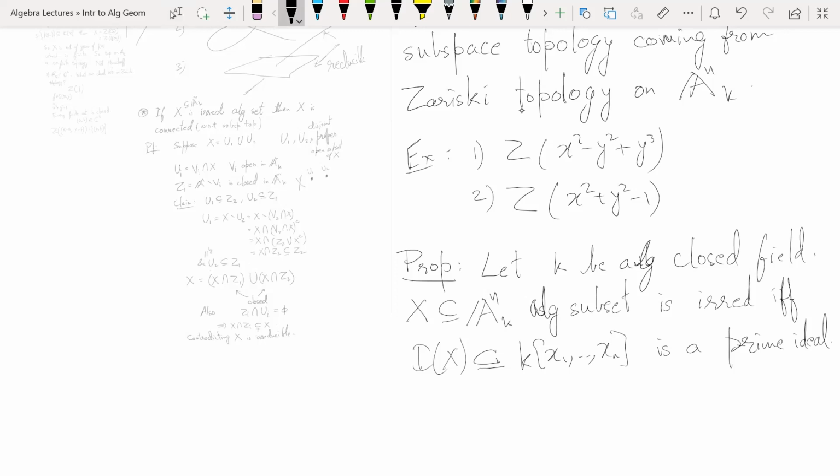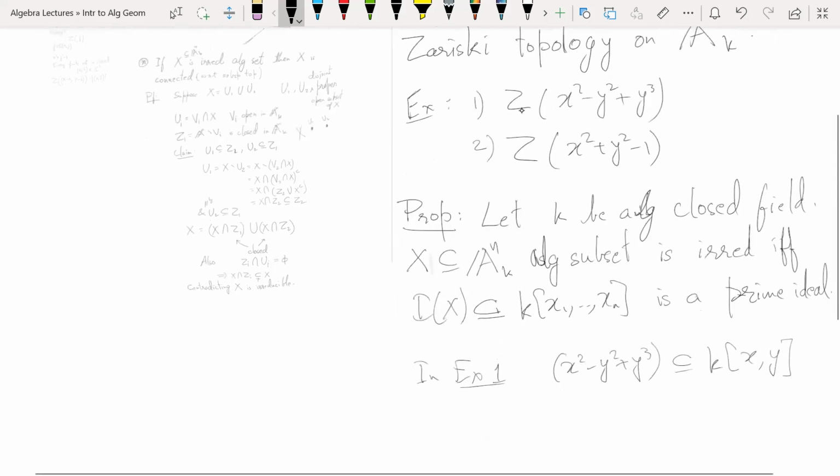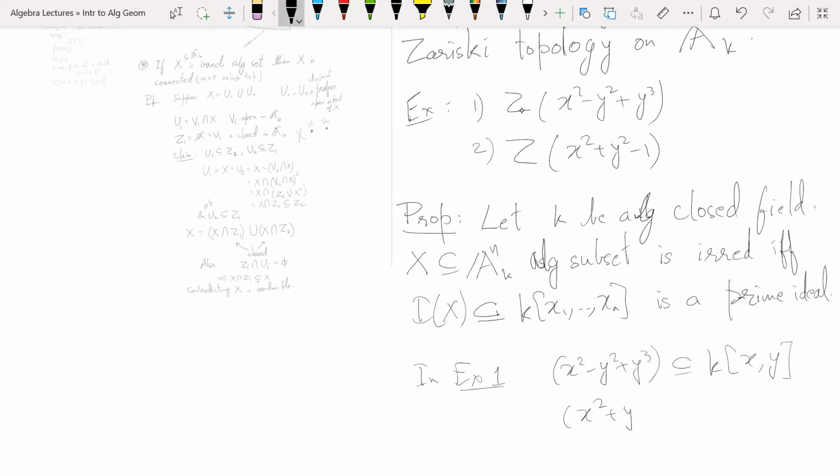Meaning in these examples, these are the ideals generated. In example 1, for instance, we are considering the ideal generated by x square minus y square plus y cube in K[x,y]. So why is this a prime ideal? Or these are prime ideals, these two ideals generated by these two.